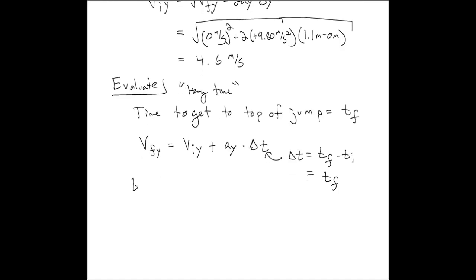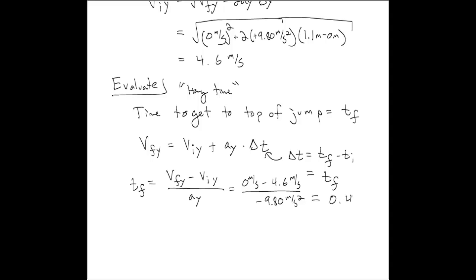Then we find that t_f is the final velocity minus the initial velocity over the y acceleration. So we have 0 meters per second minus 4.6 meters per second over negative 9.80 meters per second squared. So ultimately we get that the time to get to the top of his jump is about half of a second, 0.47 seconds.